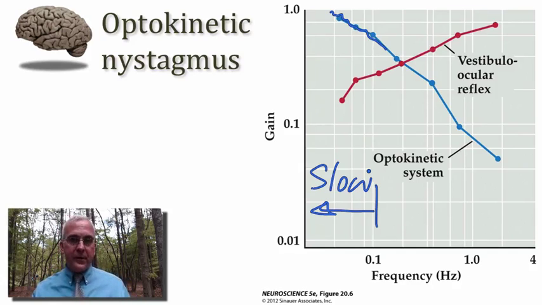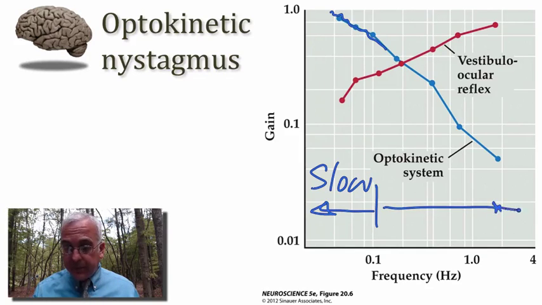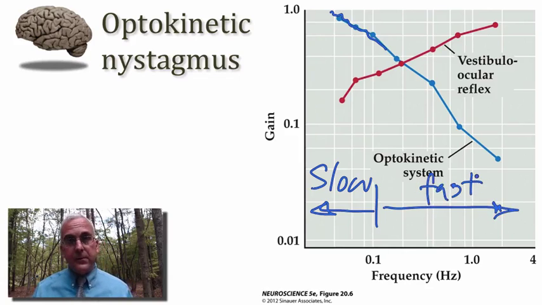Maybe that drift is because our eyes are moving ever so slightly, or it's because the visual world is moving ever so slightly. Well, as the rate of movement begins to increase, then our optokinetic system can no longer keep pace. And that's okay, because our vestibulo-ocular system now kicks in.